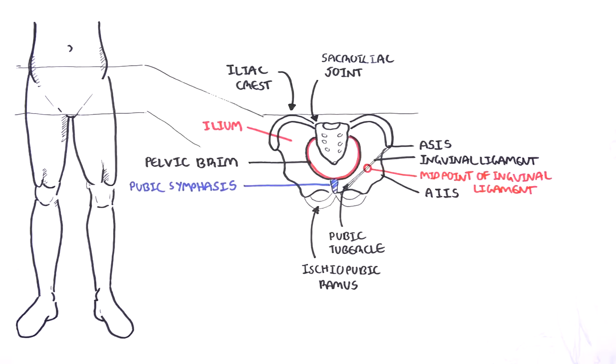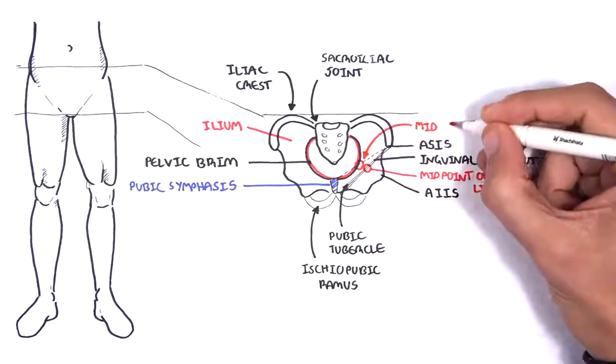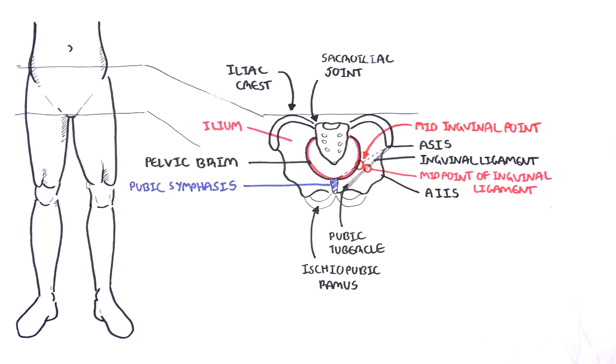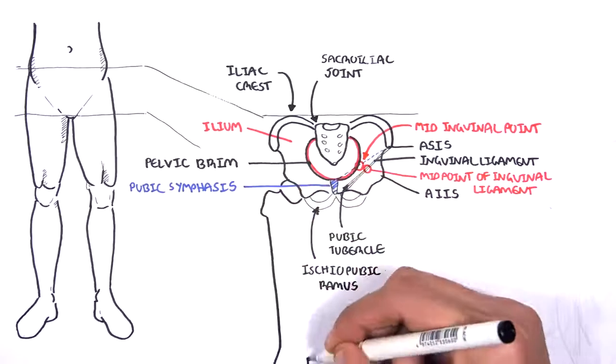This should not be confused for the mid-inguinal point, which is a point along an imaginary line running from the pubic symphysis to the ASIS. The middle of this imaginary line is the mid-inguinal point. And this is also an important landmark, and we will discuss it later. So that was for the hip.